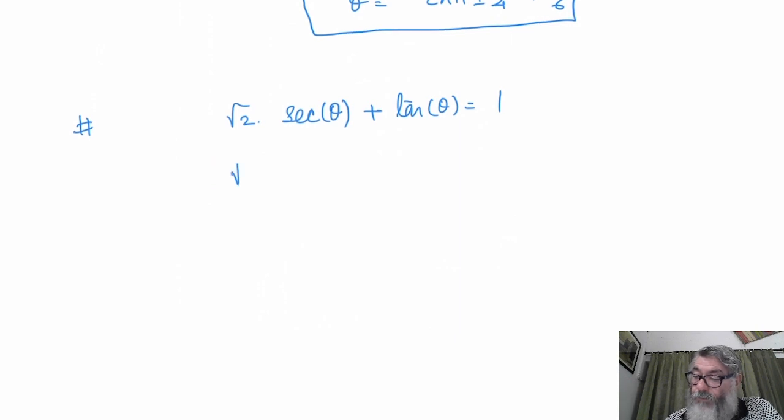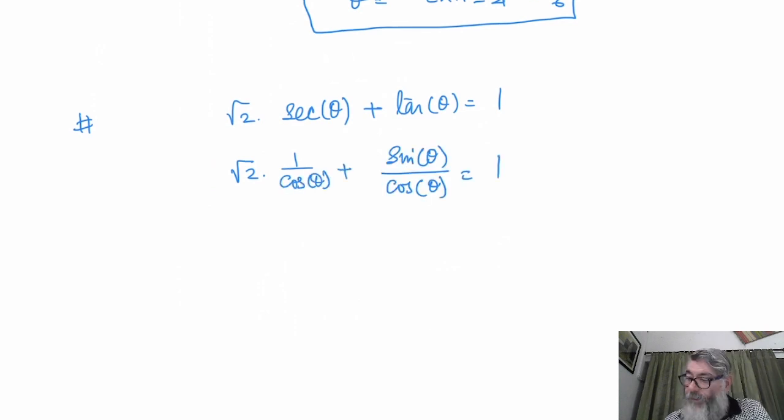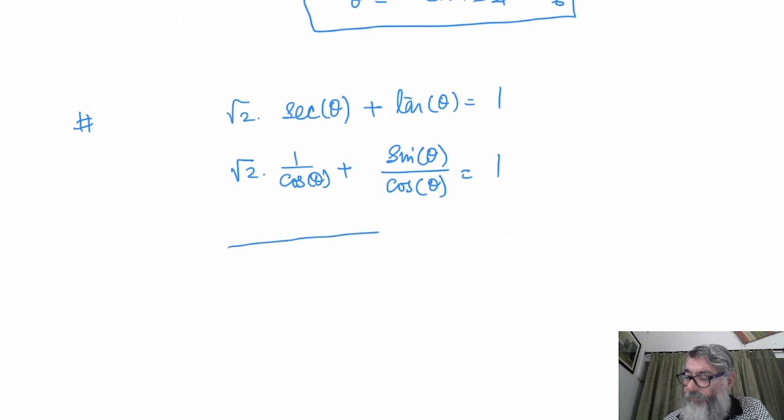Root 2 sec theta means 1 upon cos theta plus, now cos theta will be the LCM, so root 2 plus sine theta is equal to 1.